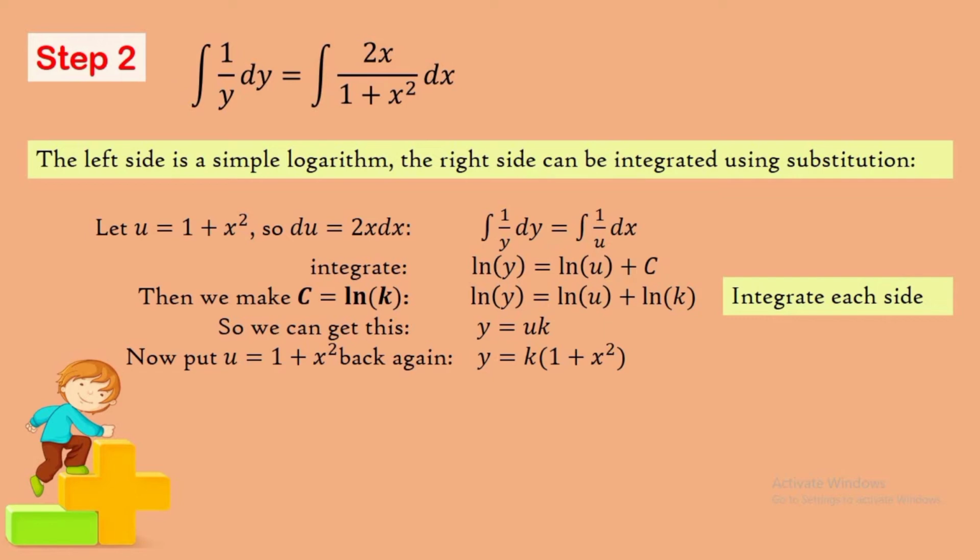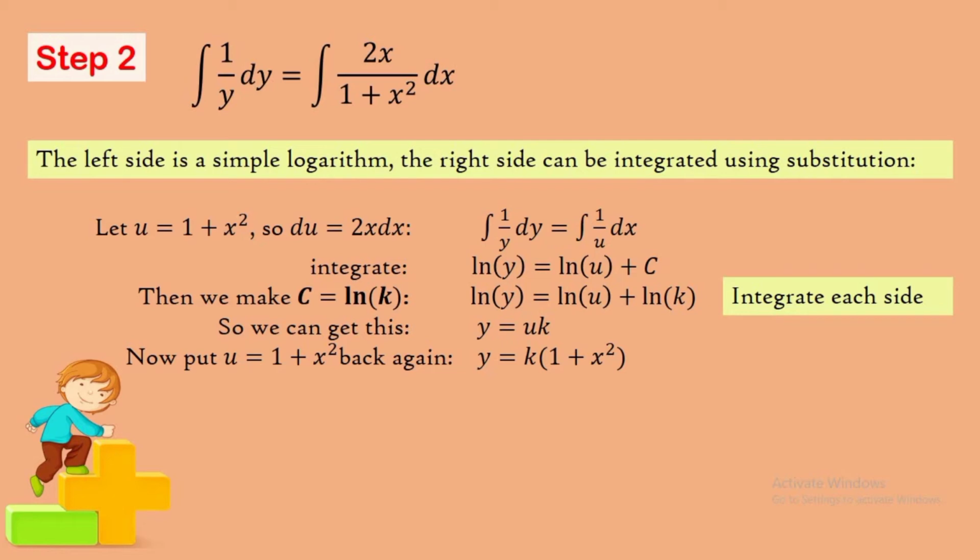Integral of 1 over y dy is equal to integral of 1 over u du. And integrate. The integration of 1 over y, ln y is equal to the integration of 1 over u is ln u. And we have, of course, plus c. Then we make c is equal to ln k para maisama natin siya sa ln u.